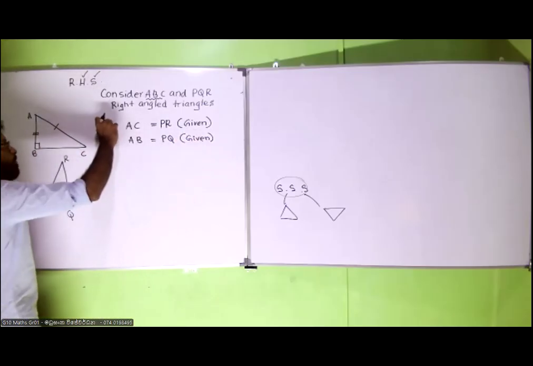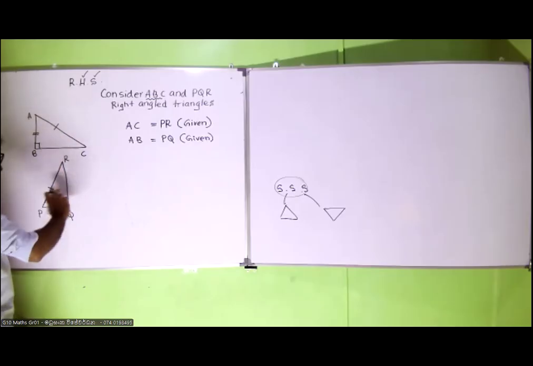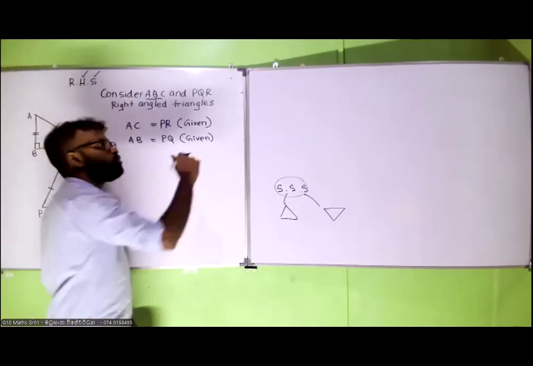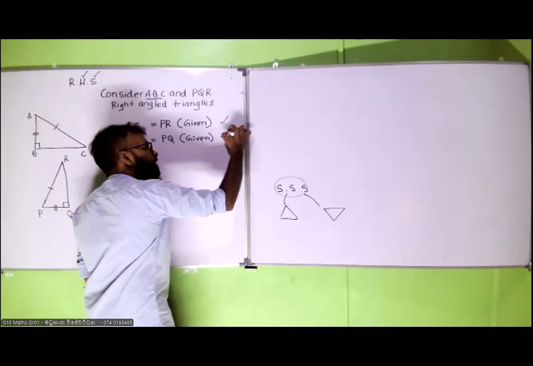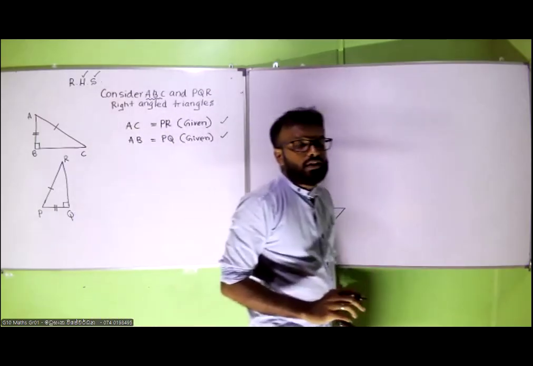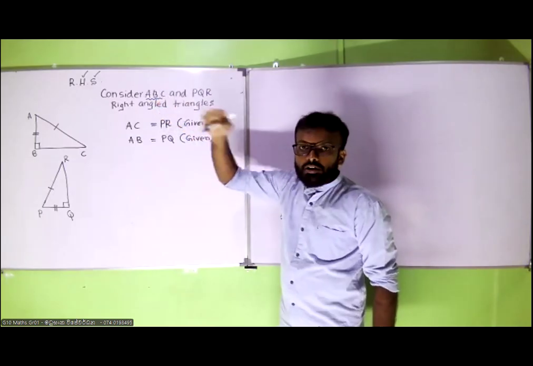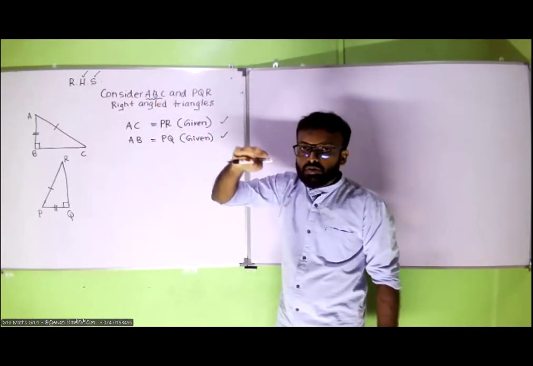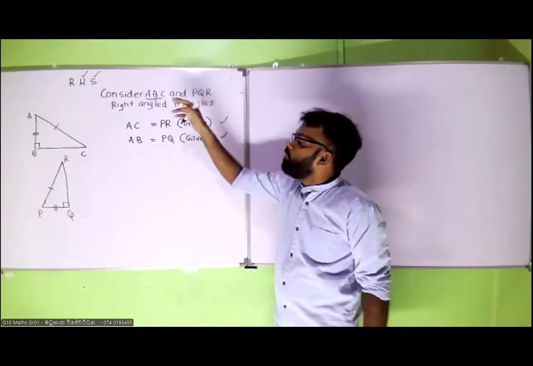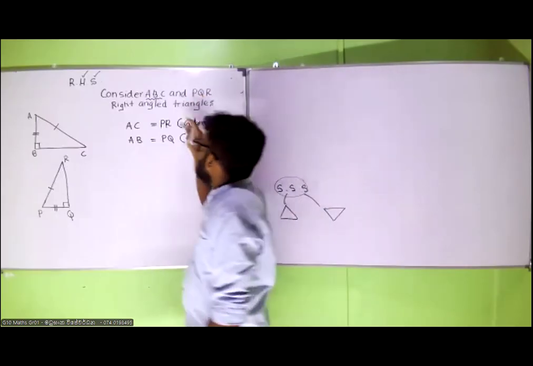So if in this kind of right angle triangle, only these two conditions happen, we can tell ABC right angle triangle is congruent with PQR right angle triangle.